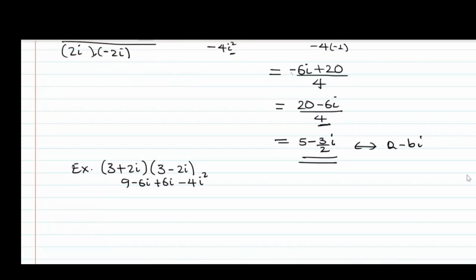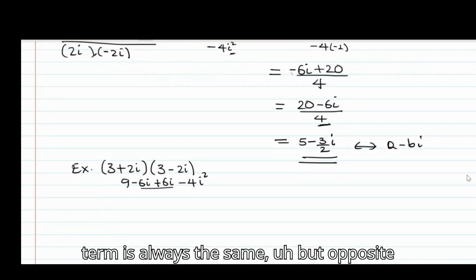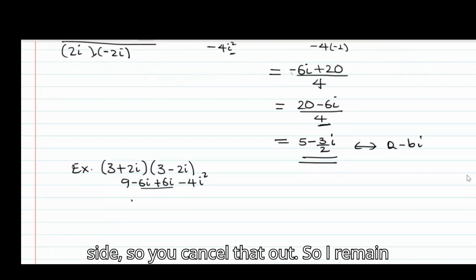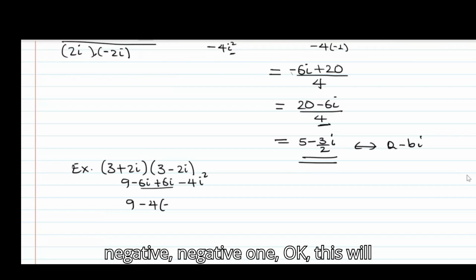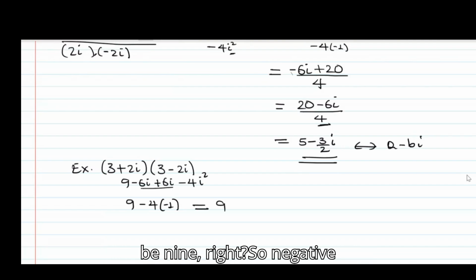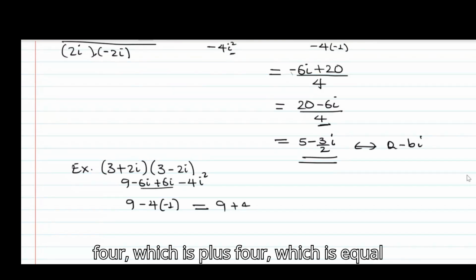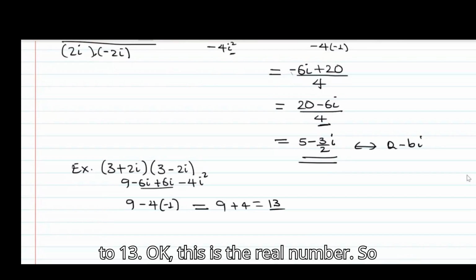Look at the middle term: it is always the same but opposite sign, so you cancel that out. I remain with 9 minus 4 times i square, and i square is negative 1. So negative 4 times negative 1 is plus 4, which is equal to 13. This is the real number.